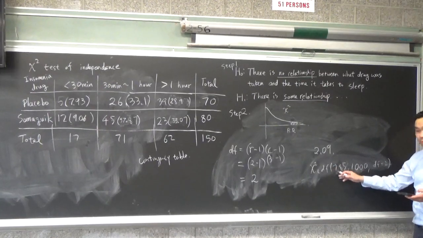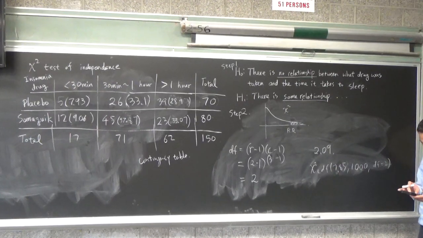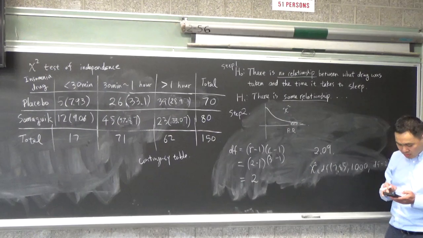It should be CDF, 7.85 to 1,000. Yeah, I did CDF. Degrees of freedom. Oh, I got this. Yeah, that's what I got.